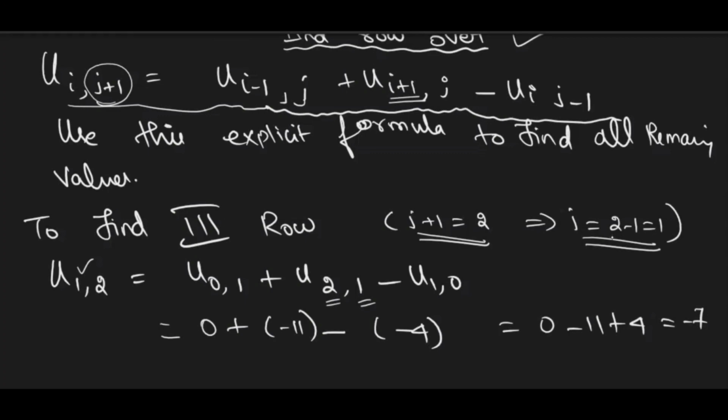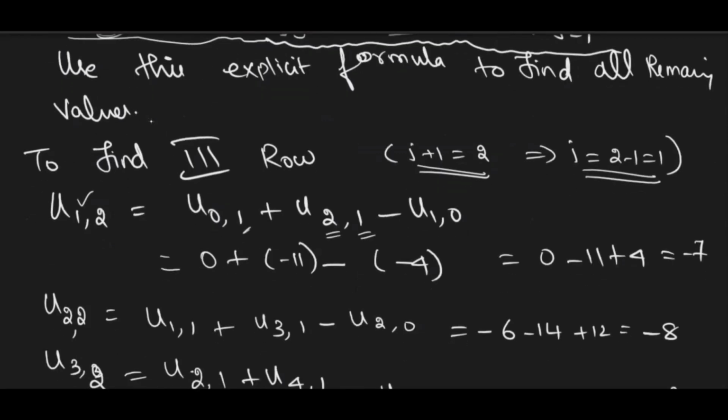Similarly, we are going to find u of 2 comma 2. Let me solve it. To find u of 2 comma 2, in the place of this i, we have 2 now. Okay, j is the same. All the second values will be the same: 1, 1, 0. If you see here, the second value is the same, 1, 1, 0. J is the same for the entire third row, but in the place of i we have 2.